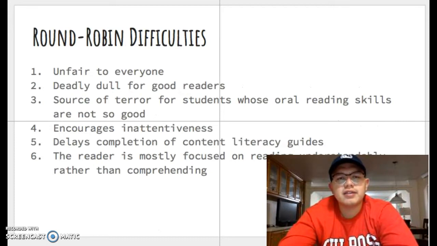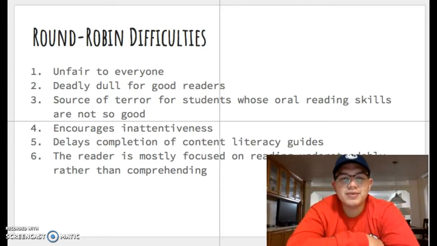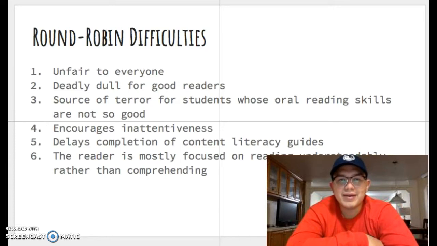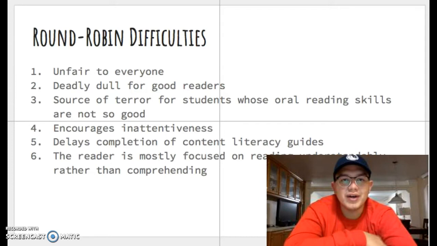And lastly is the round robin difficulties, and I was pretty surprised to read this because a lot of teachers do it. Even right now in college, I have certain teachers that do this, and I've always thought it was not the best way to read, and now I have solid evidence of why.